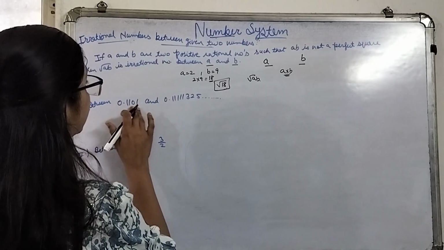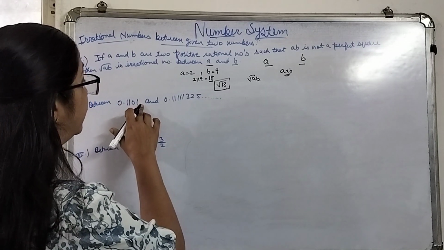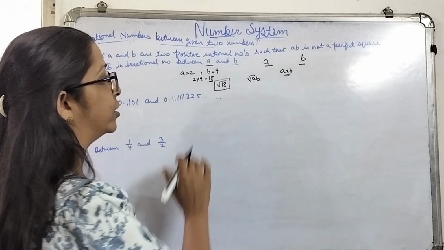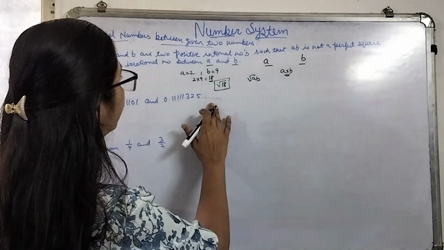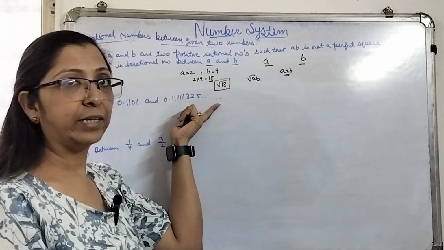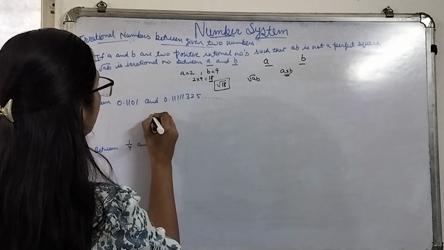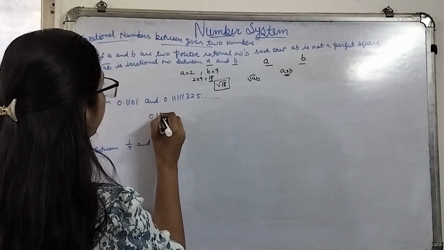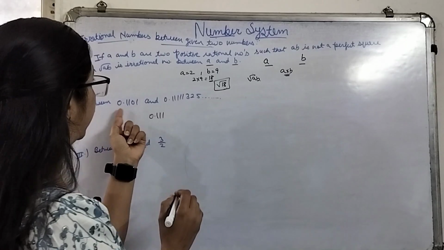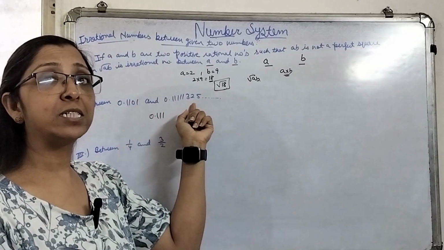So see over here, this is a terminating number because dots are not written. And this one is non-terminating repeating. It is not even repeating, it is non-terminating, non-recurring decimal representation. So a number which is greater than this could be 0.111. This is greater than this number but should be smaller than this number also.